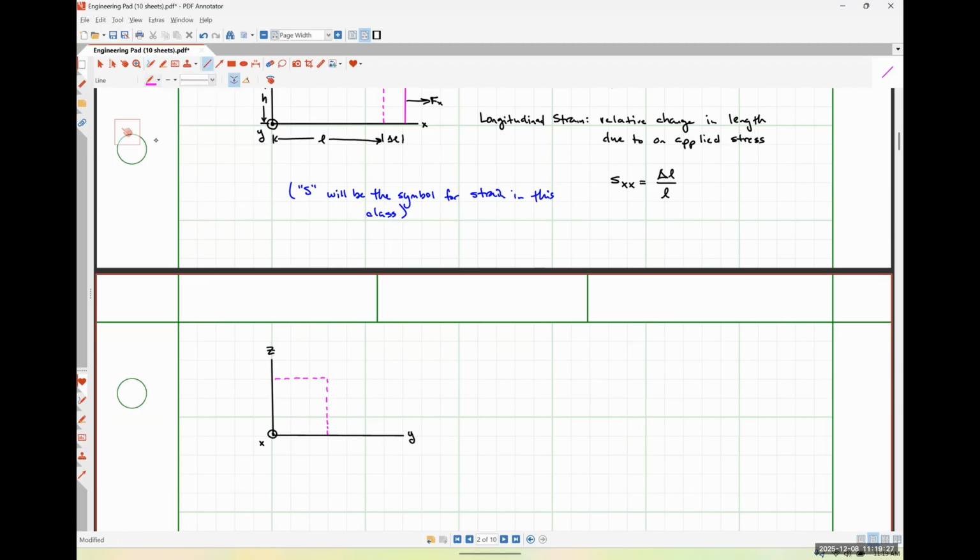So something like this, where I'm assuming it's kind of anchored to the origin. So if, damn it.